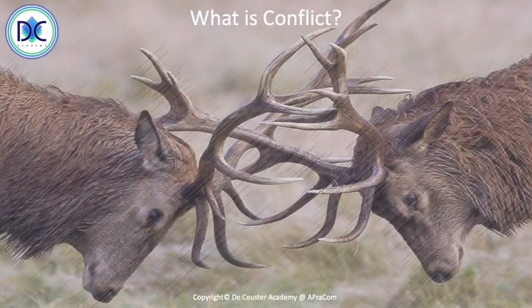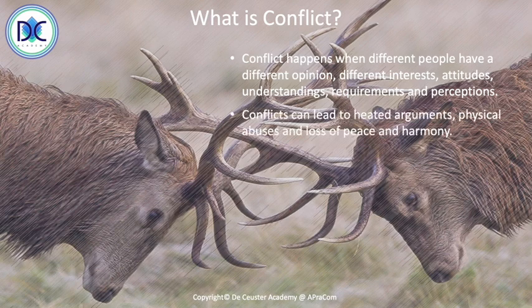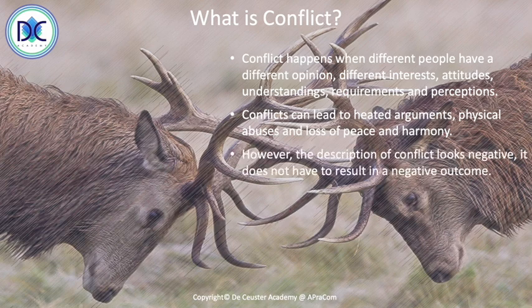The first thing to resolve is defining conflict. What is conflict? Conflict happens when different people have a different opinion, different interests, attitudes, understanding, requirements and perceptions. Conflicts can lead to heated arguments, physical abuses, and loss of peace and harmony.